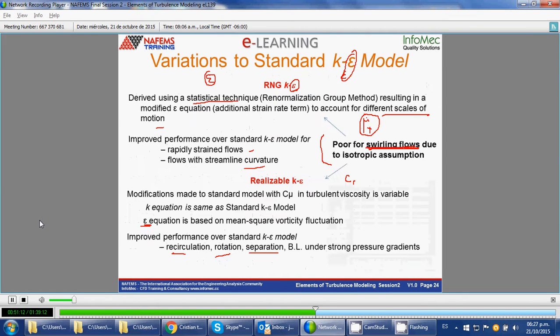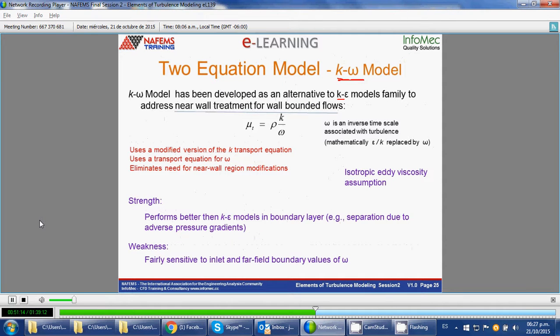So he said, okay, why don't we just go ahead and replace that epsilon with omega, omega being mathematically epsilon over k, which is the inverse time scale, so it's going to give you some sort of time scale here. And so mu t is rho k over omega.